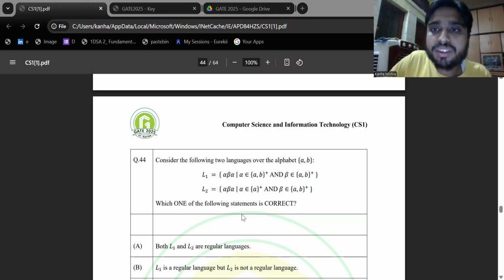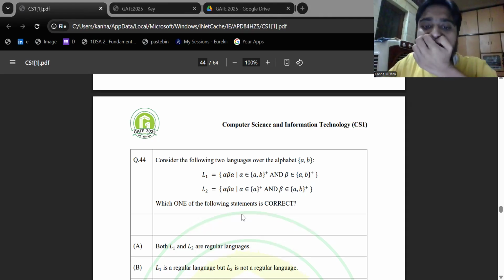Let's understand the prerequisites first, and then we will try to solve this particular question. So, let's first understand what is a regular language. A regular language is one that can be recognized by a finite automaton or expressed by a regular expression.